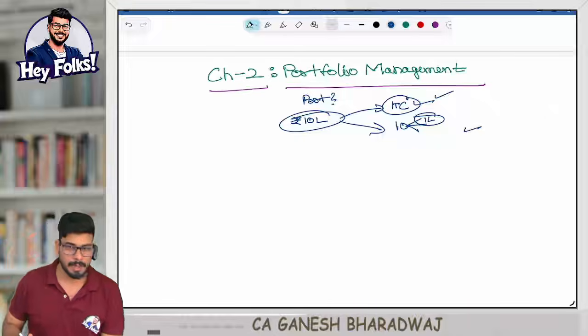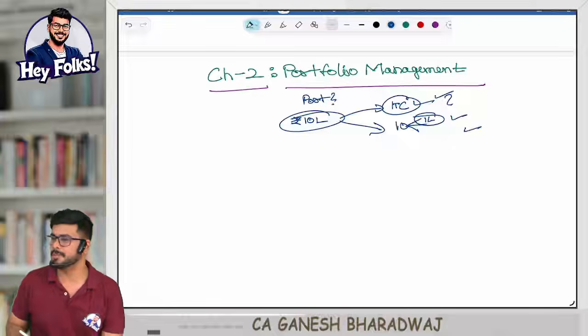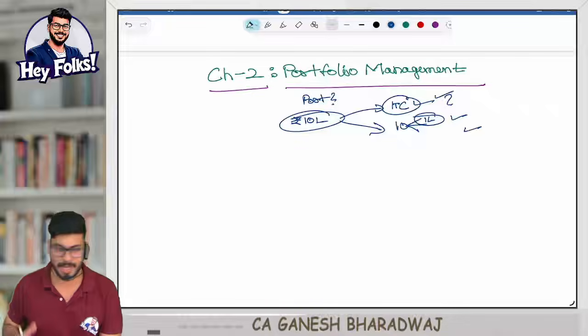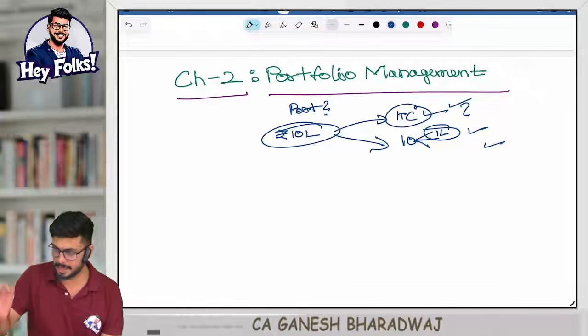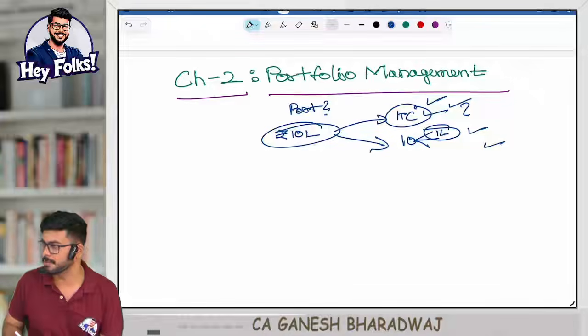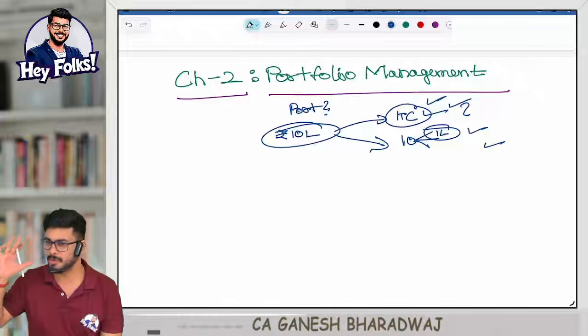Now the main question is, why do you prefer option B? Many of you might already know the answer to this. If I invest everything in a single stock, if it goes up, well and good, my entire 10 lakh will go up. If it goes down, my entire 10 lakh will go down.